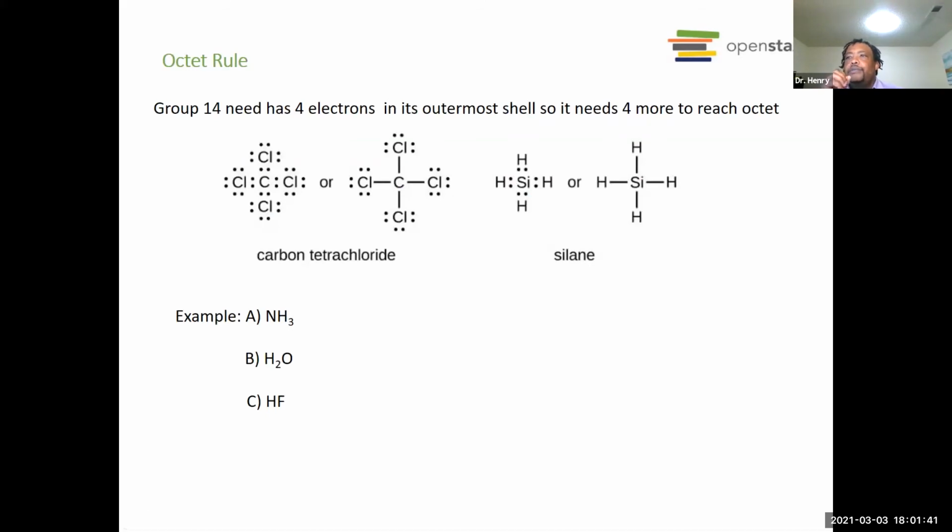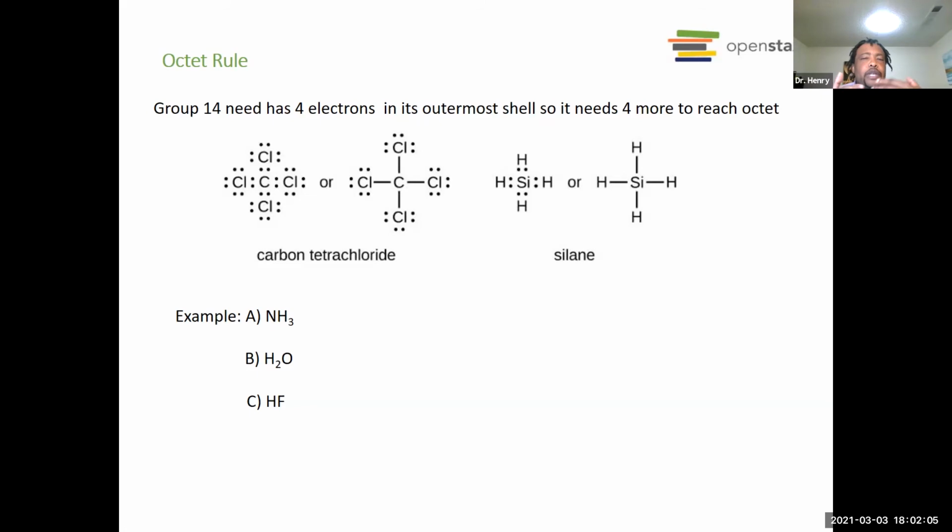Okay, so for example, here we have carbon tetrachloride, and we have silane. In this case, we have carbon in the center. The reason carbon would be in the center is that carbon has a weaker electronegativity than chlorine.